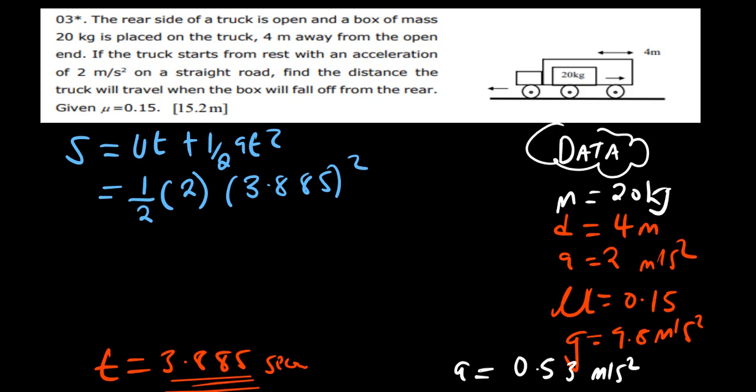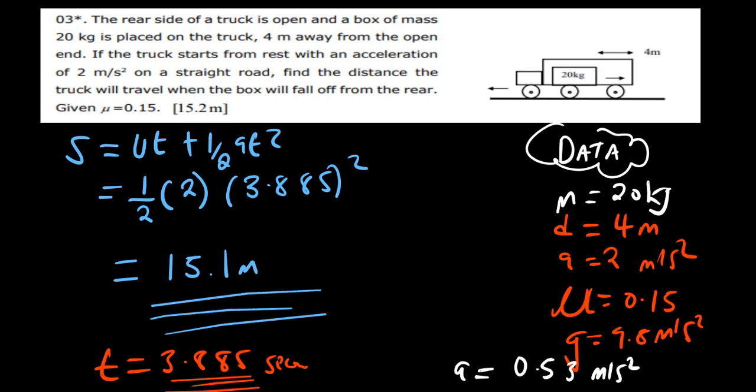Half of 2 is just 1, multiplied by 3.885 squared. That just gives me 15.1 meters. So this is how you find the distance that this truck is going to move.